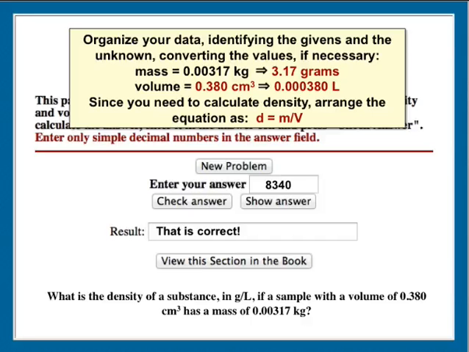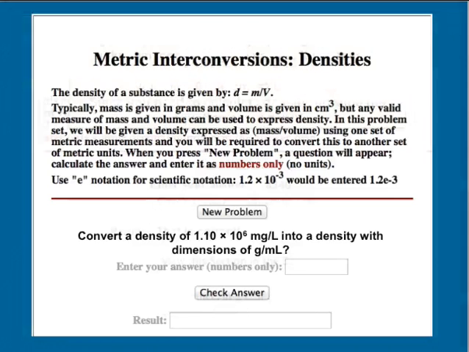The other tutorial that's there for this section is called metric interconversions. Here, all you do is the conversion part, so you don't have to worry about doing the calculation part. Just check your ability to set up ratios. This one also features the ability to read e-notation. So if you have a number with lots of decimal places in front or back, you can replace that with scientific notation.